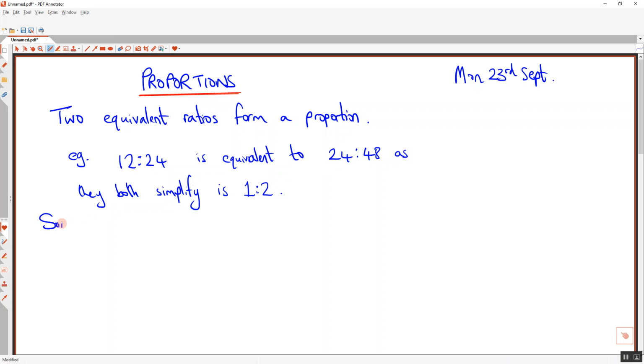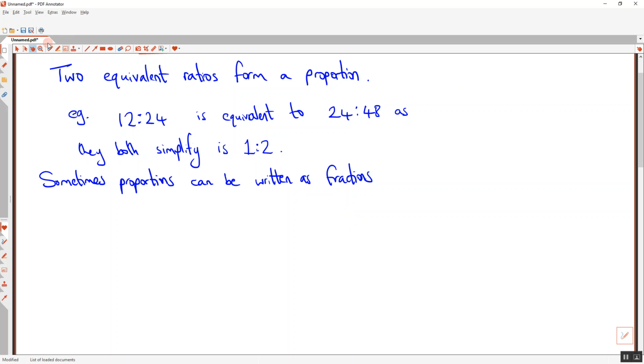And we're going to write sometimes proportions can be written as fractions. I'm just going to put up an example to see how we do the following.